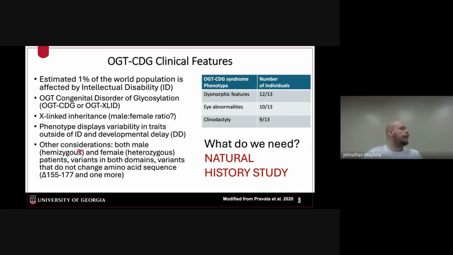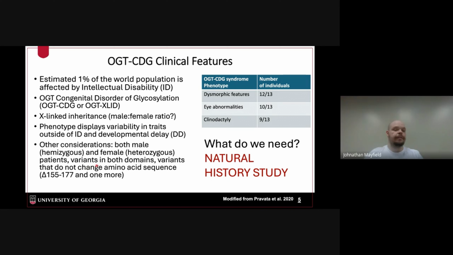So other considerations that we're thinking about when we're studying this is that, like I said, we have male hemizygous, so that means of their 1 X copy of the chromosome, they have a mutation on that one, or we have female heterozygous, so that means that they have 1 mutated copy and 1 normal copy of OGT.